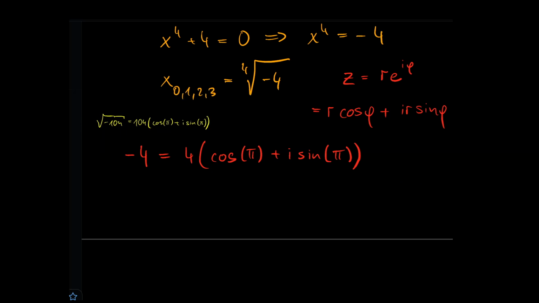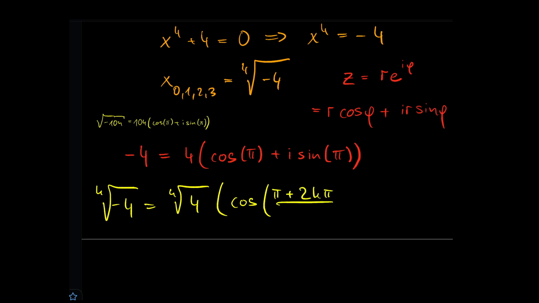The formula that we can apply is that the fourth root of minus 4 is the fourth root of 4 times the cosine of the angle pi plus 2k pi divided by 4, where k is the index of the roots that we want to take, plus i times the sine, and then we have the exact same argument as for the cosine.